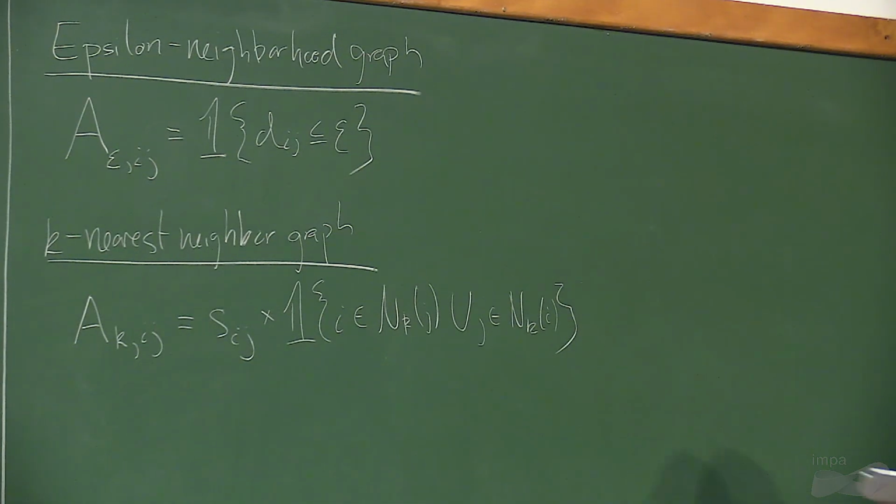Right? If we want to be stricter and change this union to an intersection, then we get what's called the mutual k-nearest neighbor graph.